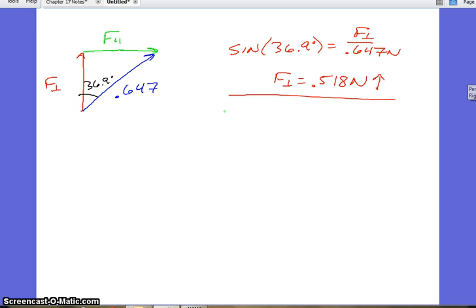To get the parallel component, we'll use the cosine. And the parallel component comes out to be 0.388. And that would be then to the right, because our direction was up and to the right.